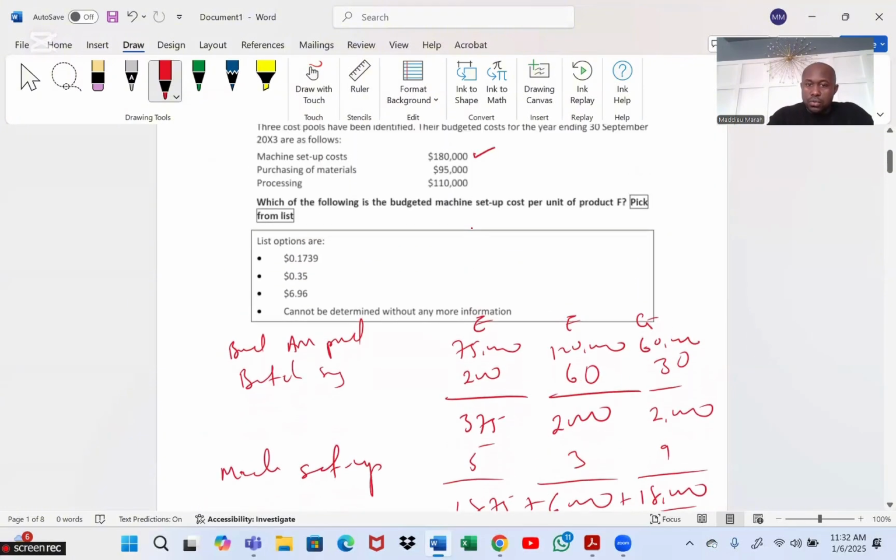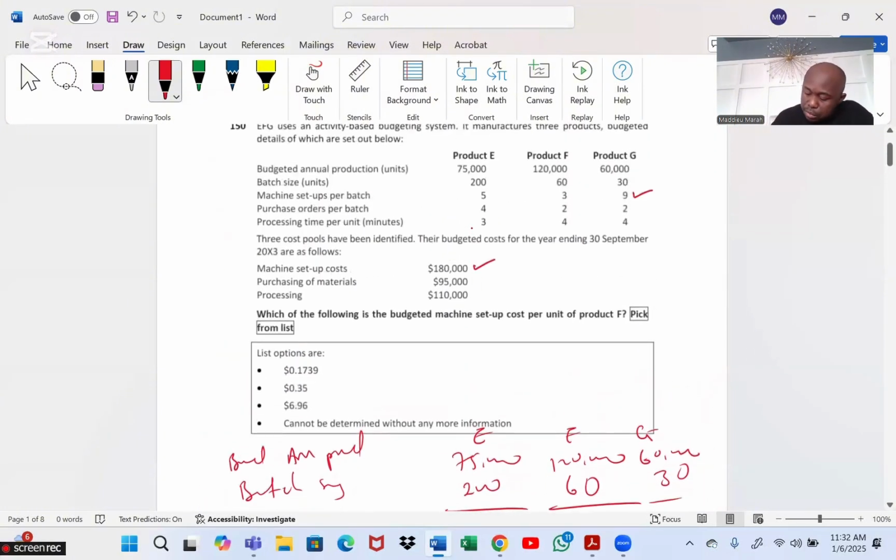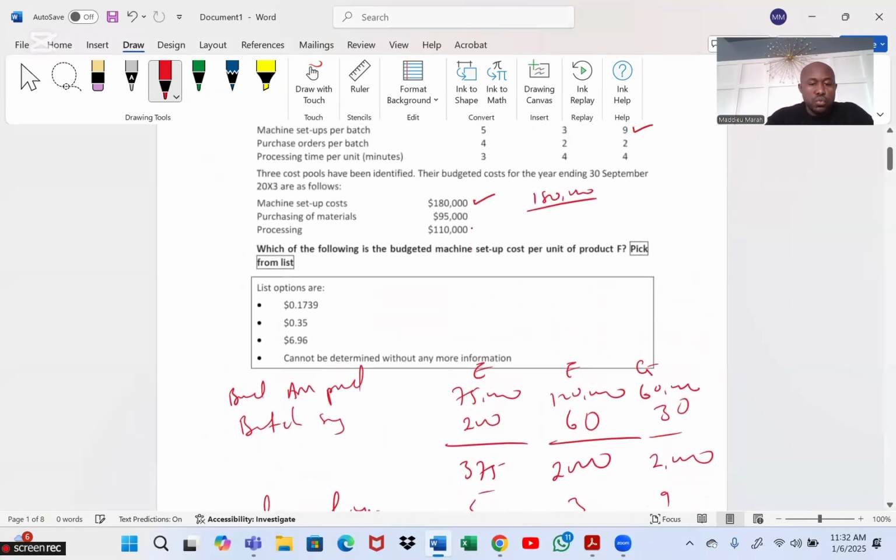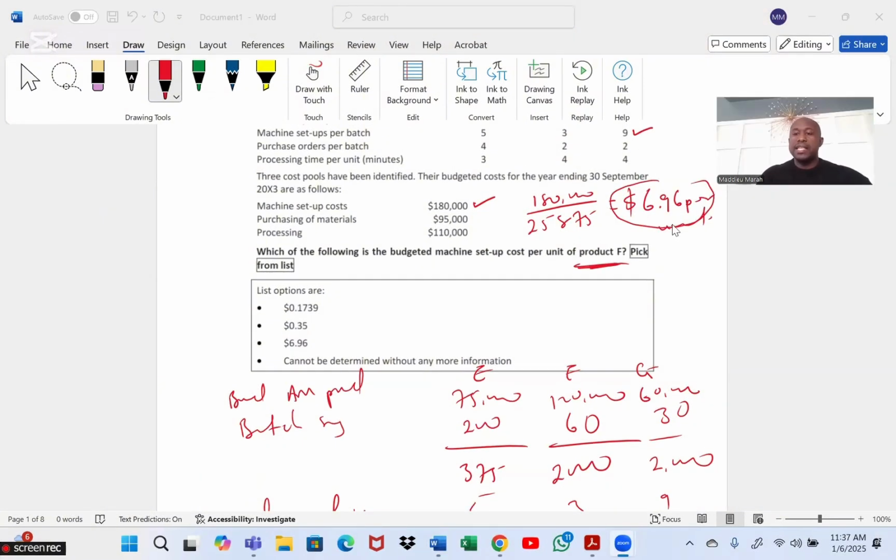So my machine setup cost is 180,000 divided by 25,875. So what will be my rate? This will give me 6.96. Our driver rate is 6.96.